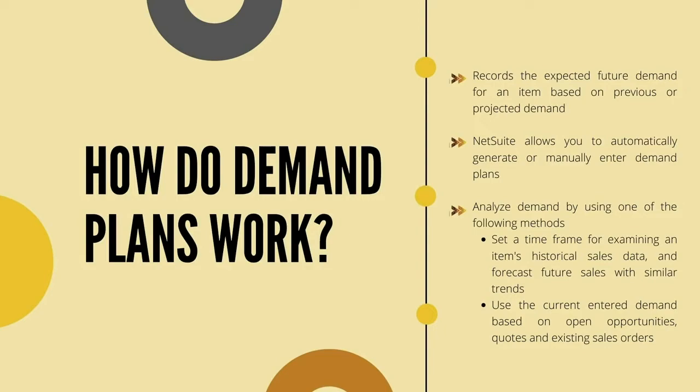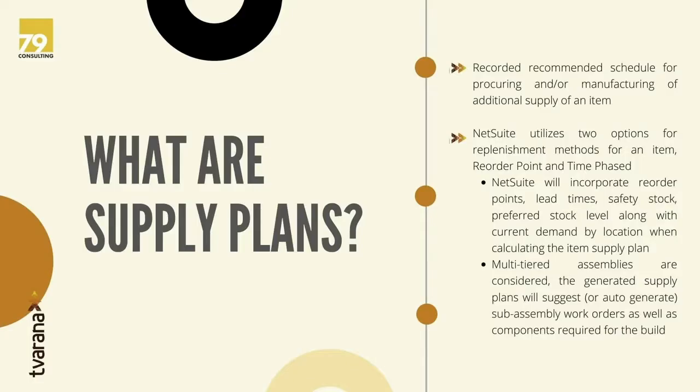How that ties in for the supply plan side is supply plans are the recorded recommended schedule for procuring and/or manufacturing of additional supply of an item. NetSuite utilizes two options for replenishment methods on an item. They are reorder point and time phased.